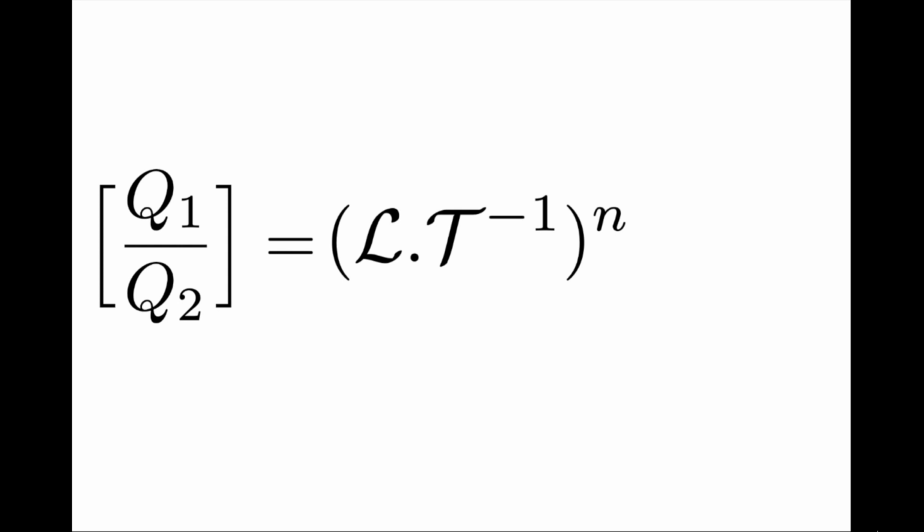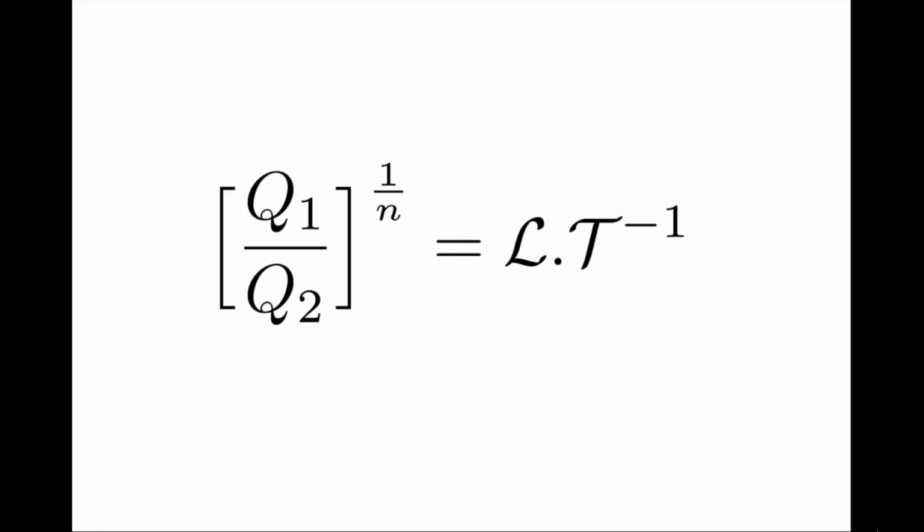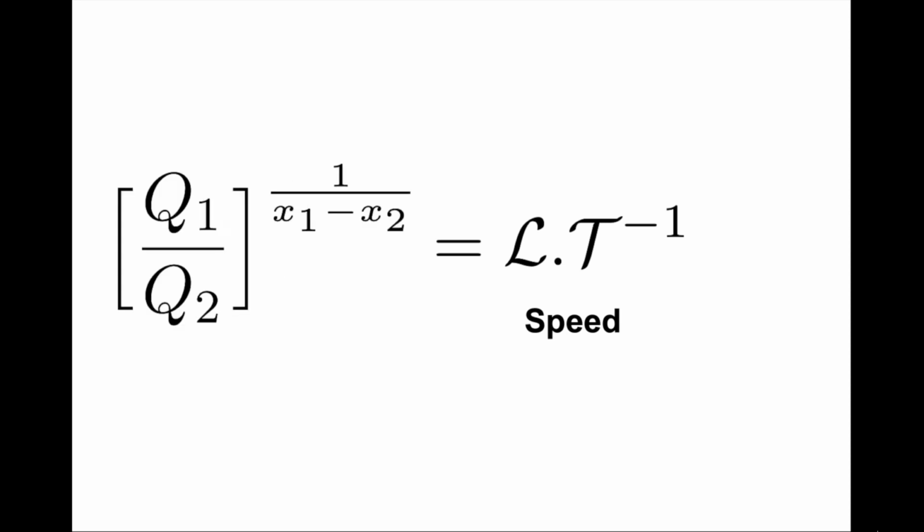Moving the exponent n to the other side, we see that we have produced a speed, that is, a distance over time. And if we want, we can express the number n from the difference between the space exponents of the two quantities Q1 and Q2, or from the difference in the time exponents.